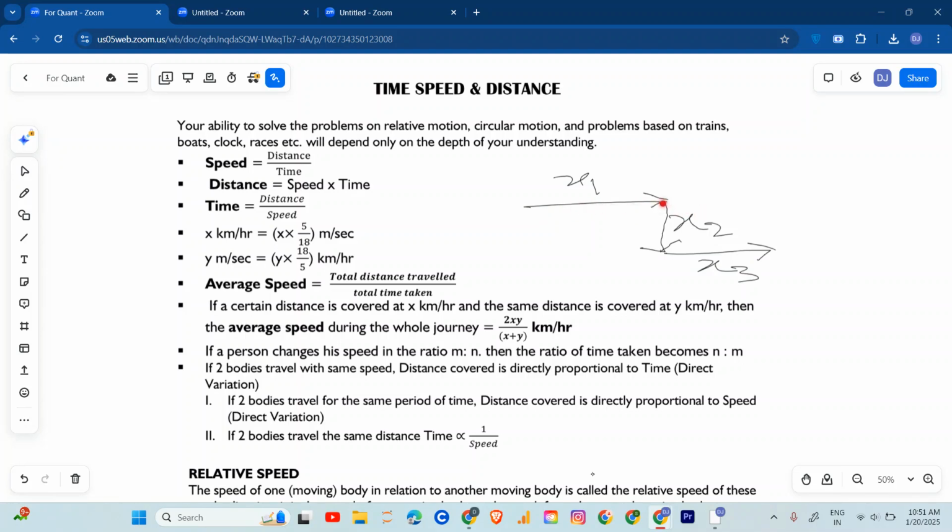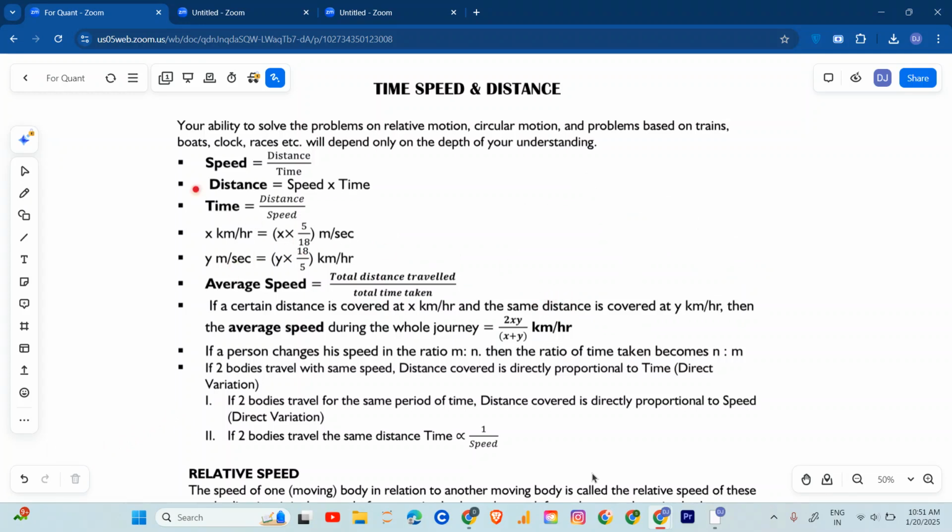When it is traveling the distance x2, its speed, let's suppose v2, is also constant. And when it is traveling distance x3, its speed, let's suppose v3, is also constant, but they are not equal. That is the basic thing we have to understand now.